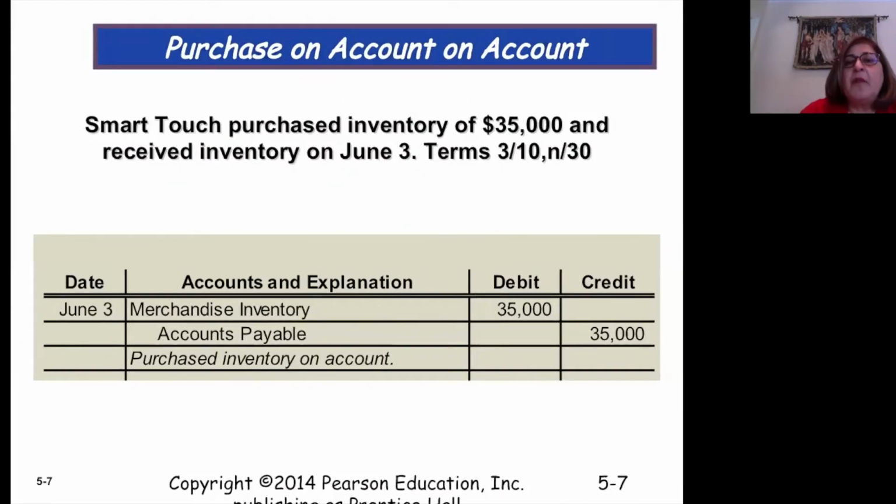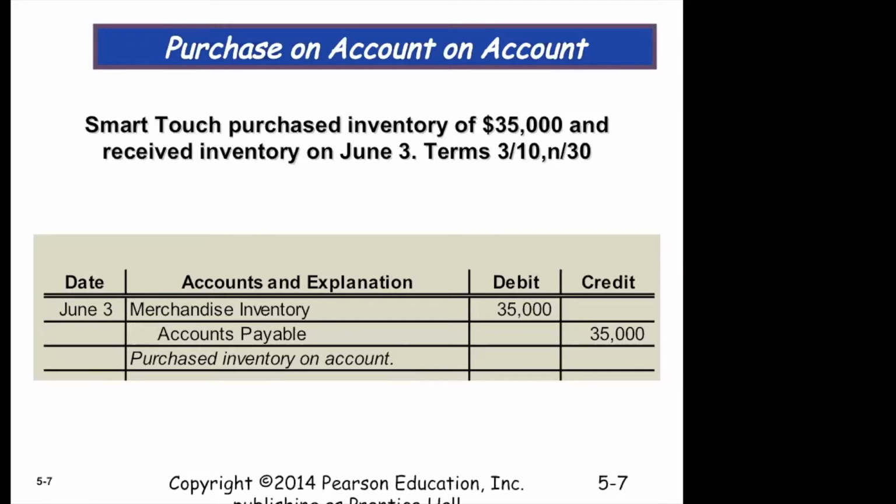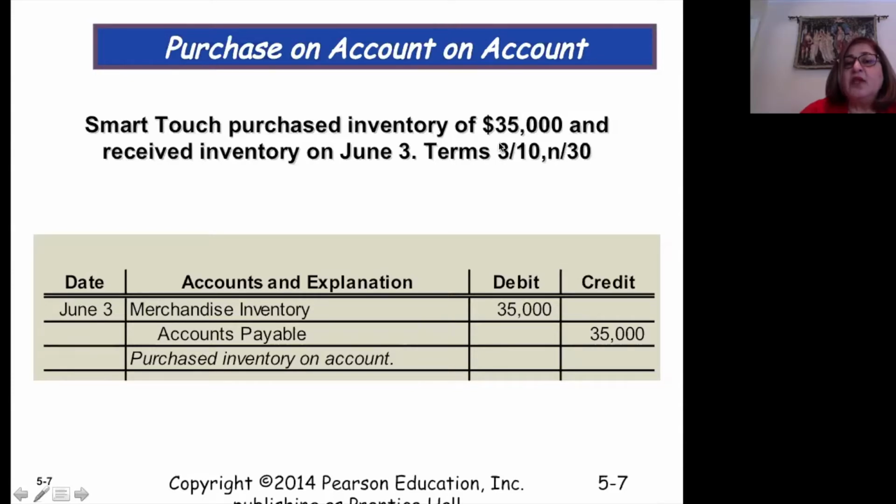I haven't used the word on account, but the fact that I put the terms in here means we didn't pay cash. Why? Because we have established a relationship with the seller that means we're going to get a 3% discount if we pay what we owe him within 10 days after the purchase, after June 3rd.